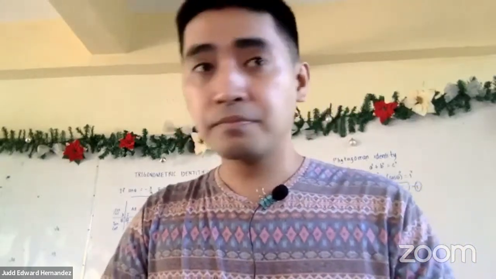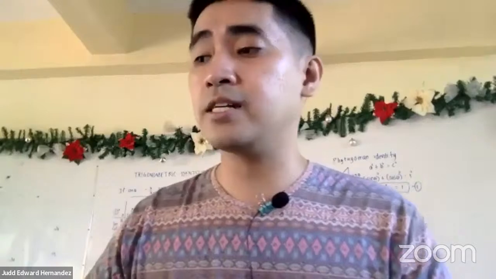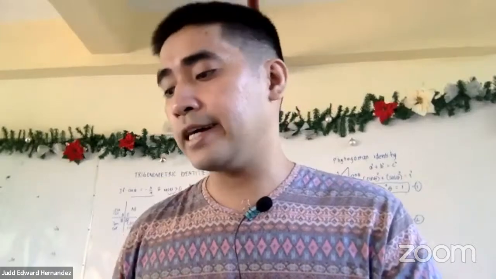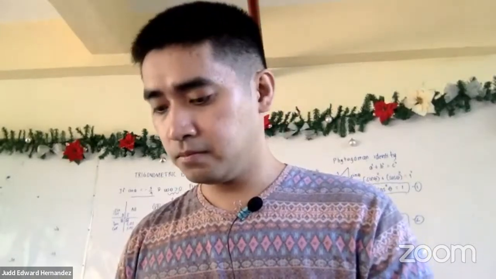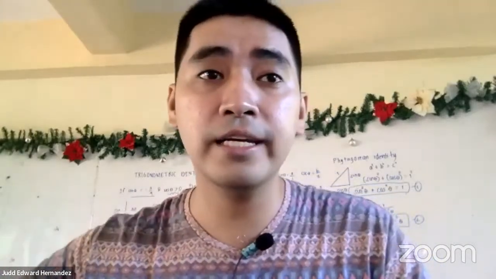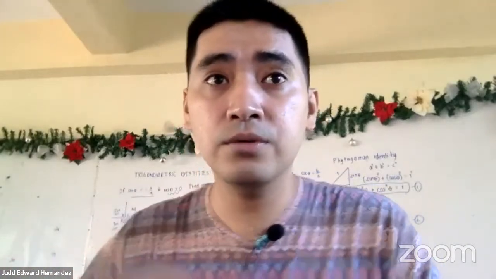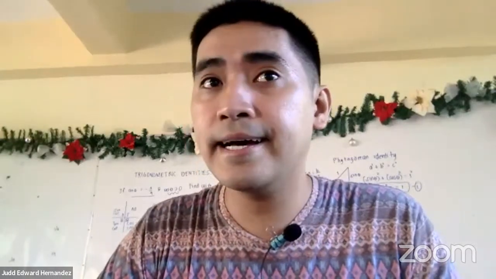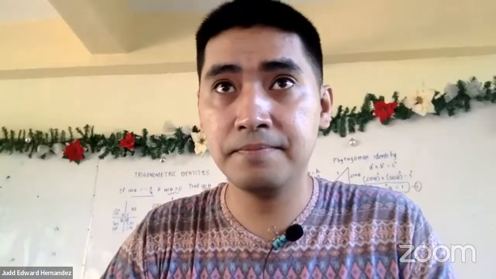So, i-discuss ko pa sana siya, saka yung proving trigonometric identities. So, sa Wednesday na lang siguro yun. Agahan na lang natin sa Wednesday. Okay, may questions pa po regarding this one. So, we'll just continue our discussion sa Wednesday.